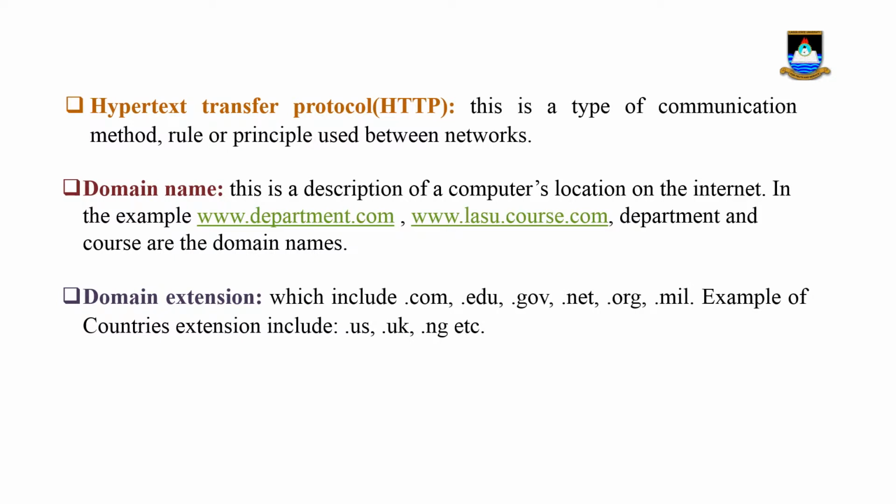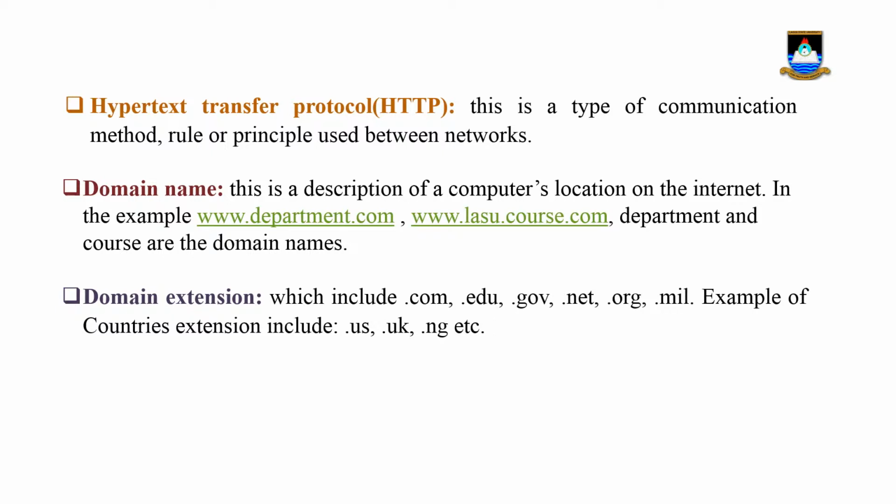Domain extension, which includes .com, .edu, .gov, .net, .org, .mil. Examples of country extensions include .us, .uk, .ng, etc. This domain extension stands for educational institutions, companies, government agencies, networks, organizations, military.